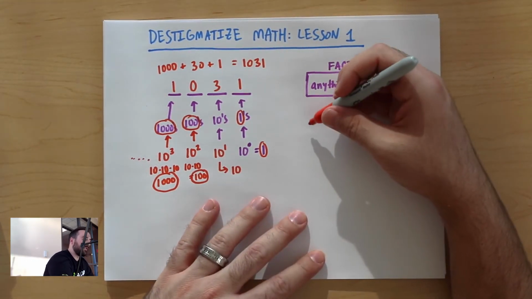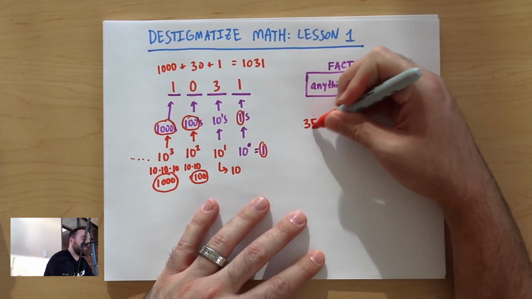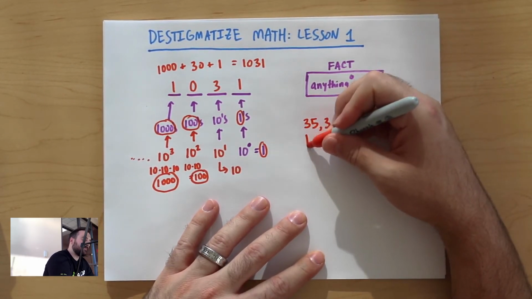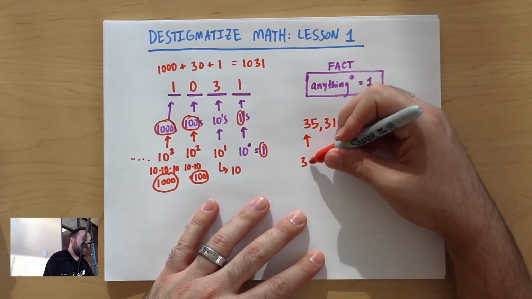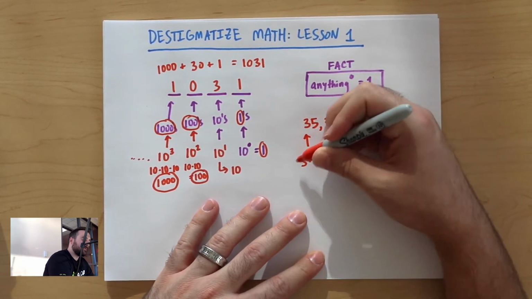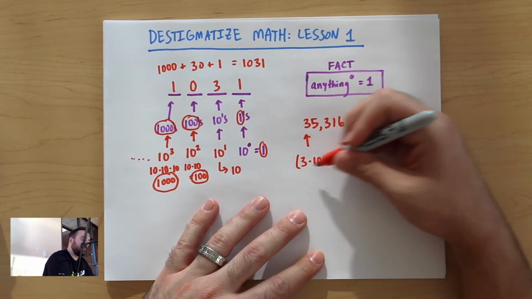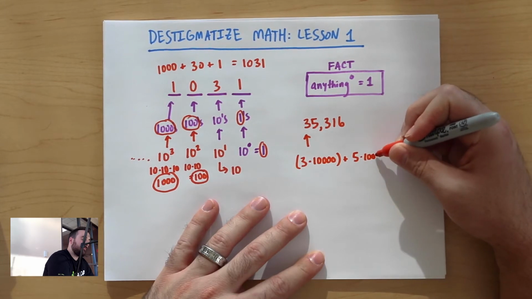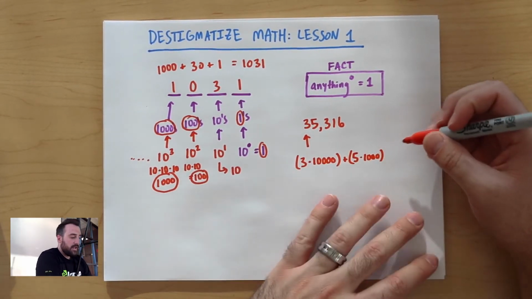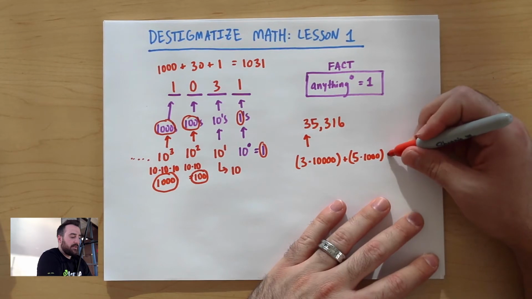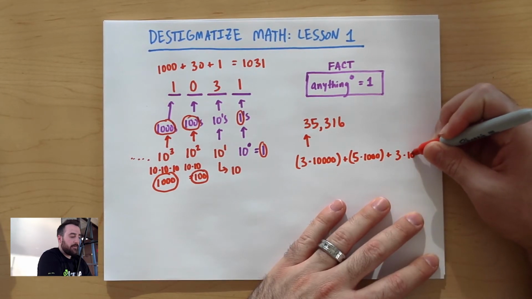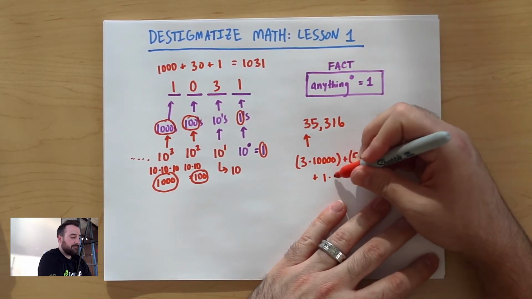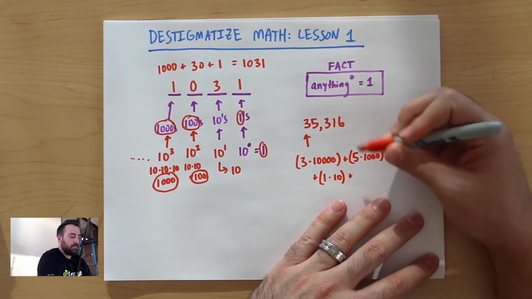So for another example, let's take the number 35,316. This would be 3 10,000s, and then you have plus 5 1,000s, and then I'm going to run out of room here, but 3 hundreds, 1 ten, and then 6 ones.